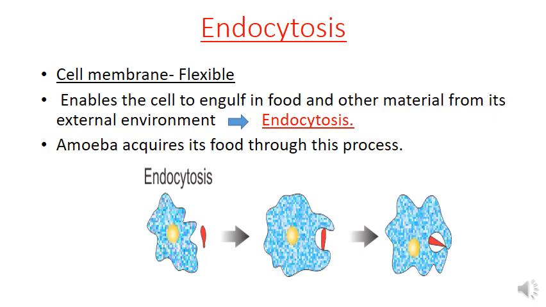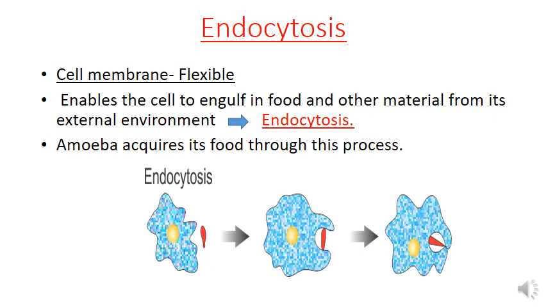This is also a term which is connected with our plasma membrane or cell membrane, endocytosis. Endocytosis means, we know that the cell membrane is highly flexible. It can change its shape.